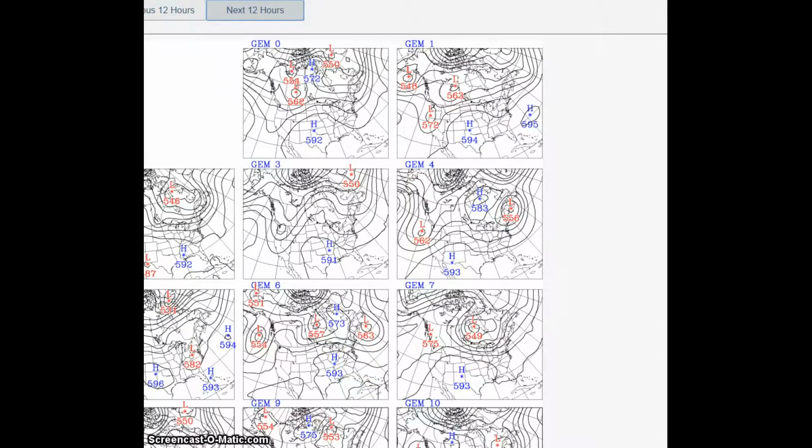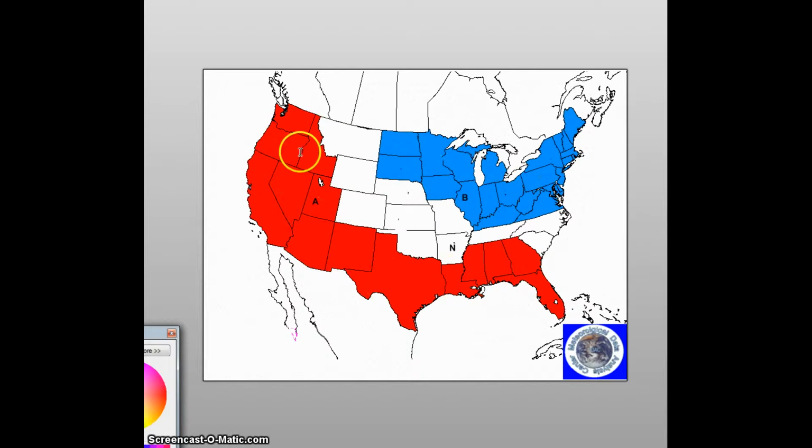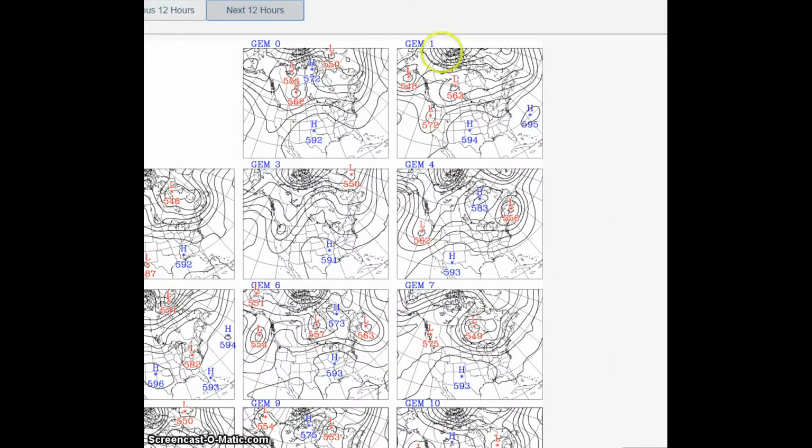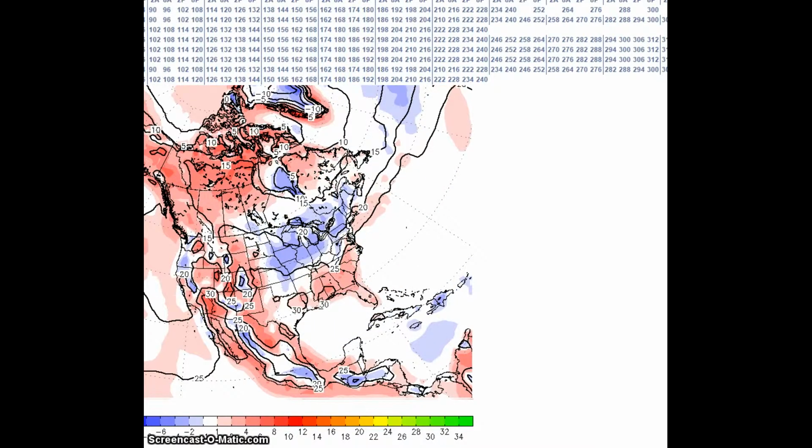Now during this forecast period, I am forecasting above normal temperatures here, below normal temperatures for this area, and for the ensembles, forecasting temperatures to be about 4 to 6 degrees above normal, and in the below normal area, forecast anomalies to be about 4 to 6 degrees below normal.